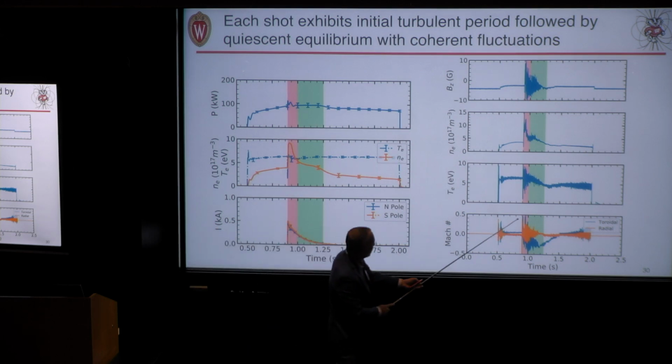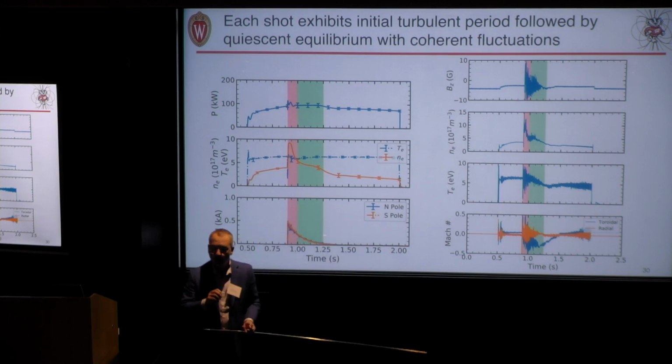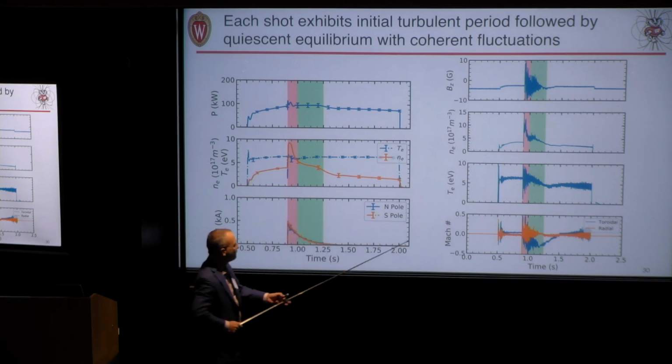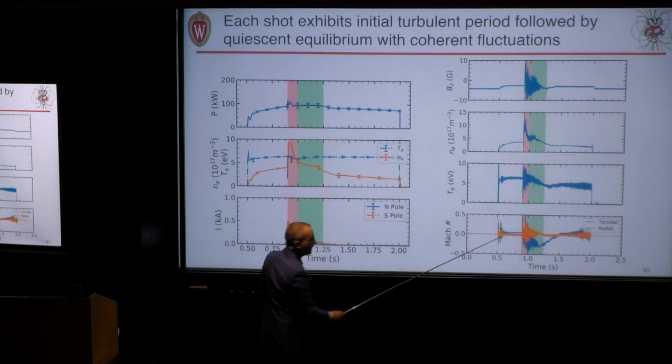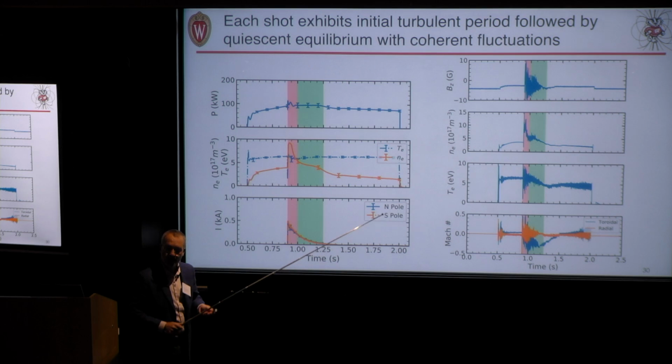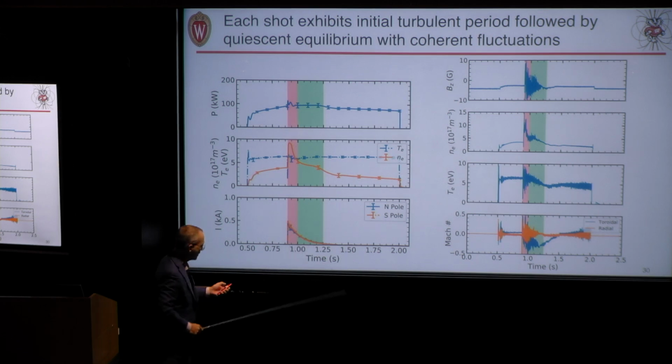And then there's what I'll refer to as a more laminar or a coherent phase, where we can see the individual modes that ultimately we believe lead to the turbulent phase. And I'll show you simulations that show how there's a transition from laminar to unstable to turbulent as we go from low to medium to high current.